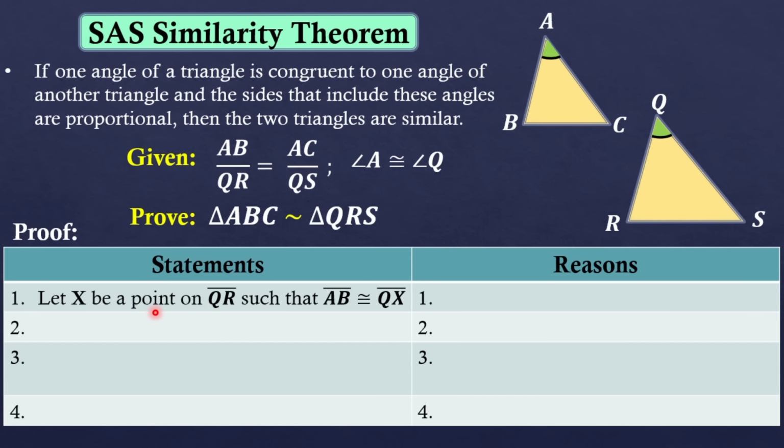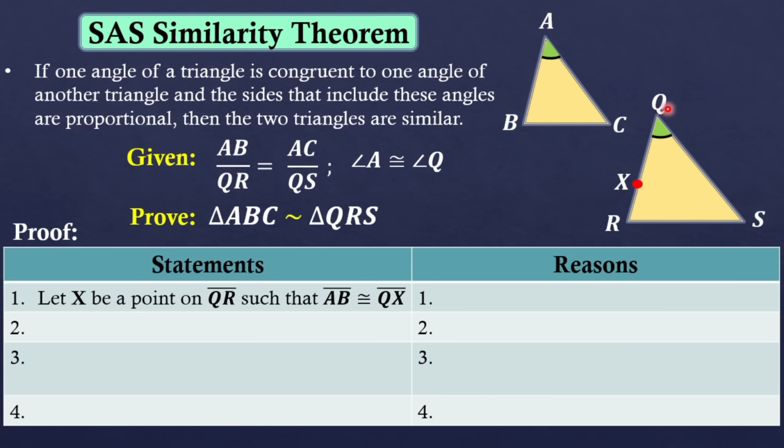So, for statement number 1, let X be a point on segment QR such that segment AB is congruent to segment QX. So, gawa raw po tayo by construction. Okay, ito po si point X dito sa segment QR.